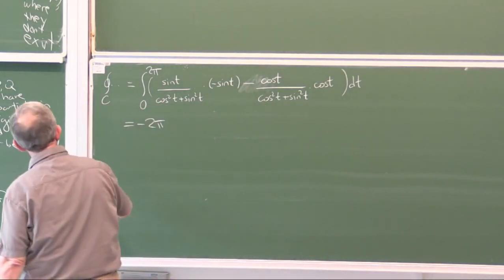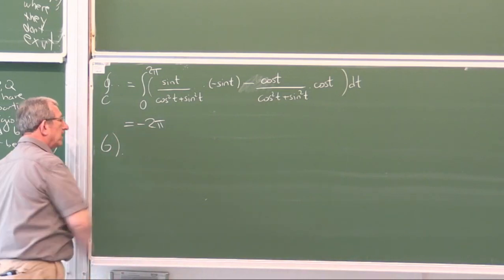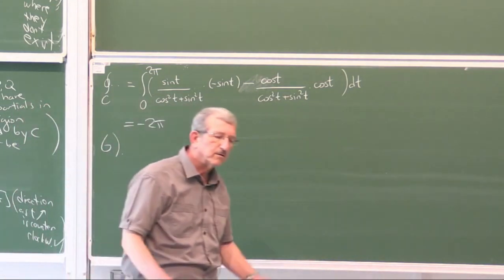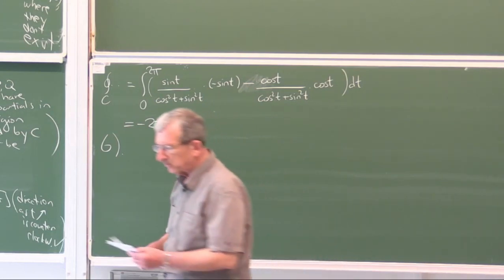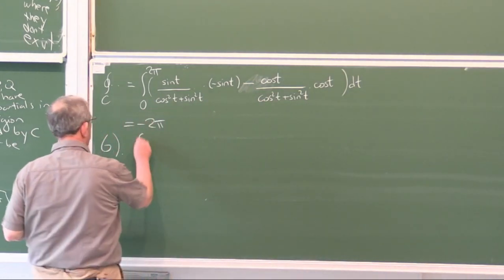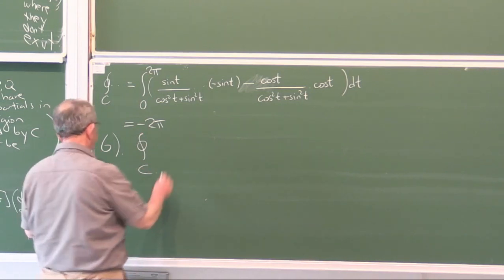Okay, this will be, say, the 6th problem. Now, you can take the question to be the same, but I will change one thing. The question is to calculate this.